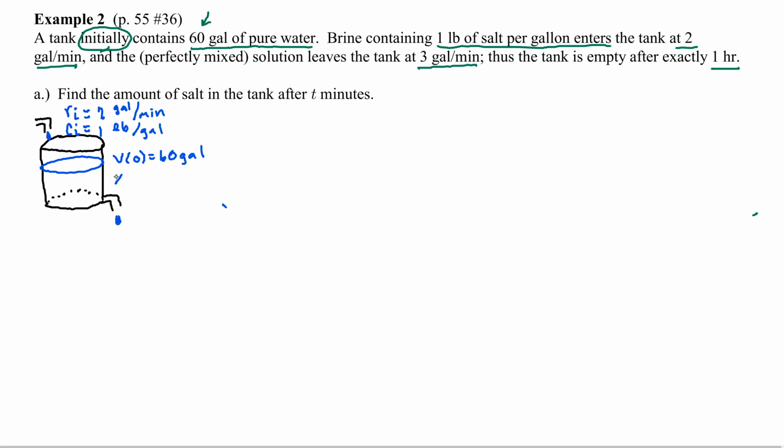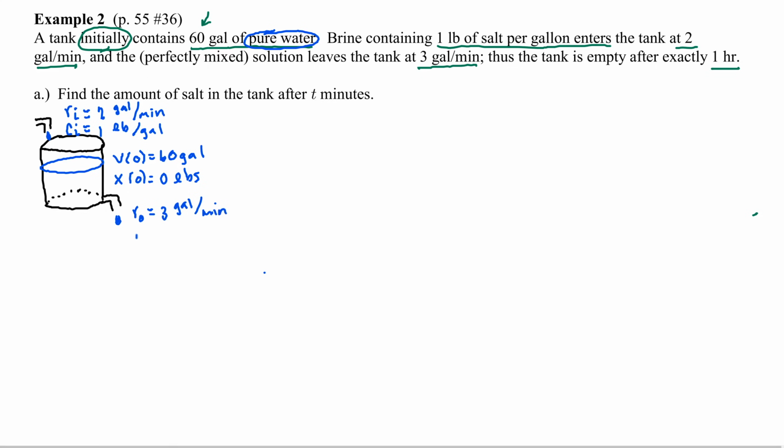We're also told that the initial amount of salt in the tank is 0 pounds. The way that we know that is that we are told that the initial amount in the tank is pure water. So there's no salt in the tank to begin with. The rate of outflow, R sub O, is 3 gallons per minute.